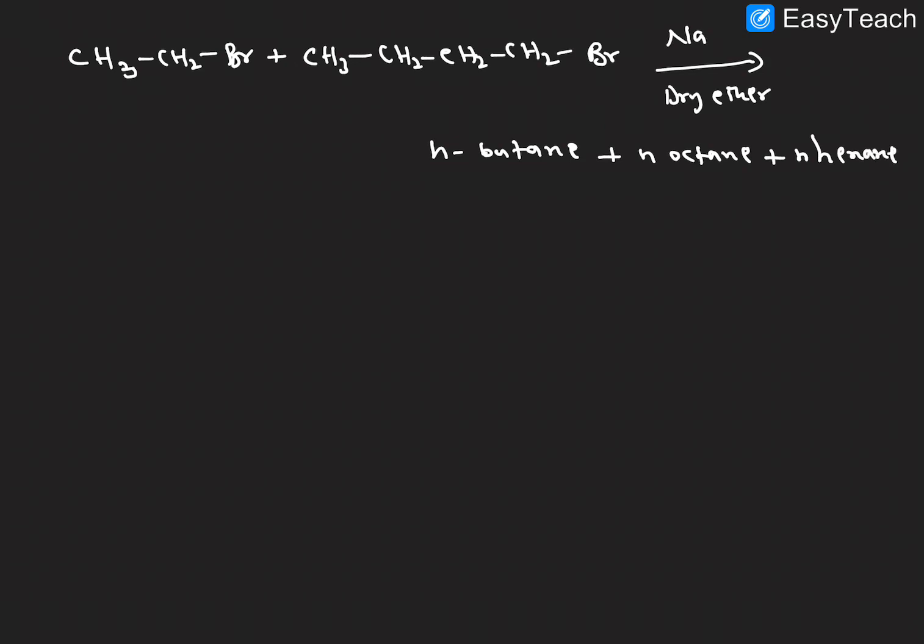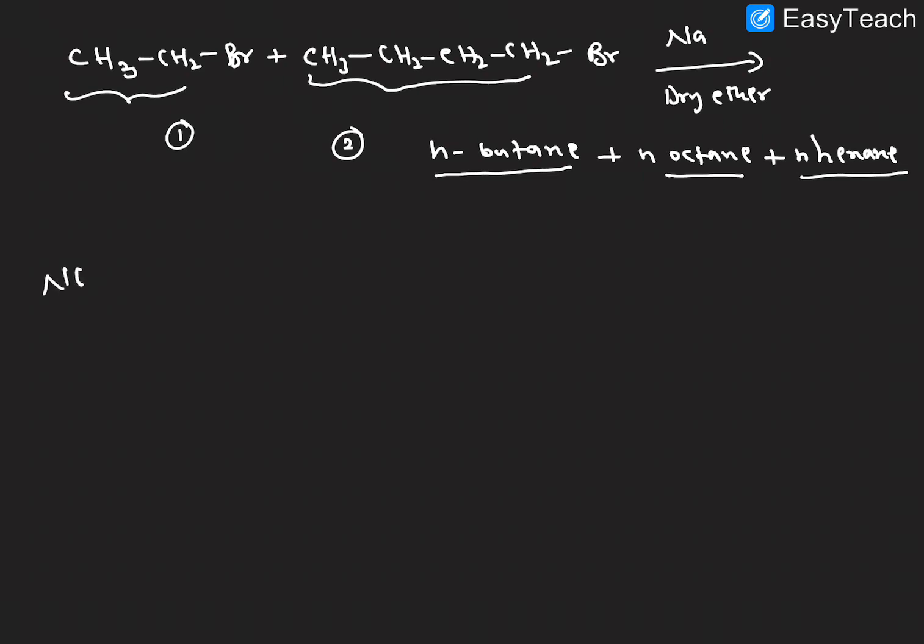Whenever both methyl bromide molecules couple, we get n-butane, and whenever two moles of the longer halide couple, n-octane is obtained. When one is ethyl and another is pentyl bromide, we get n-hexane. So these are the possible products.